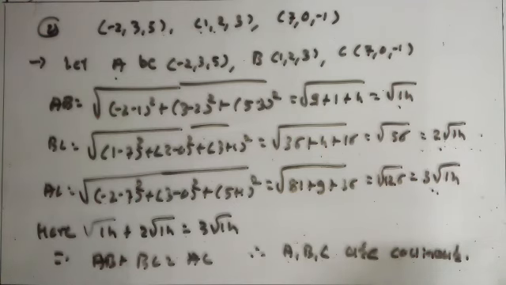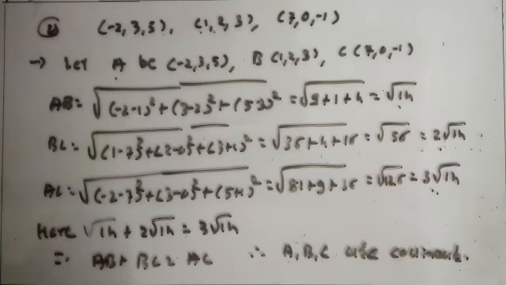Now question number 3. Verify the following: (0, 7, -10), (1, 6, -6), (4, 9, -6) are the vertices of an isosceles triangle. In this case, first we denote all points by vertices of triangle ABC.